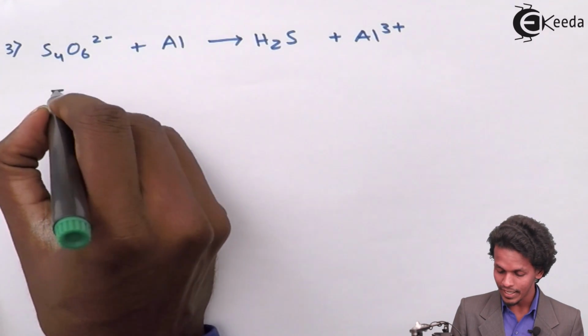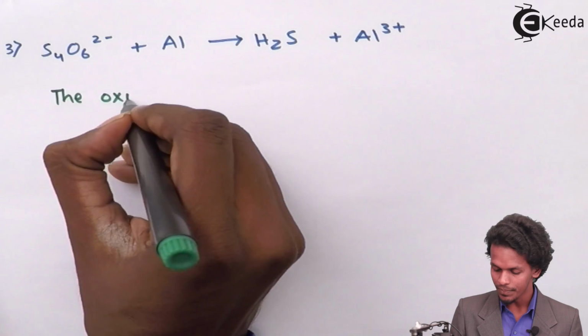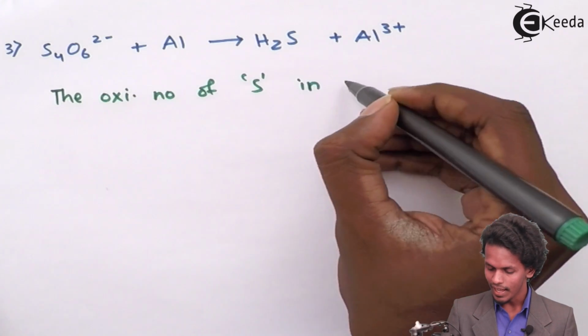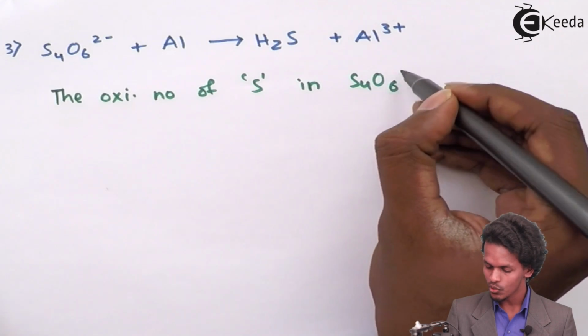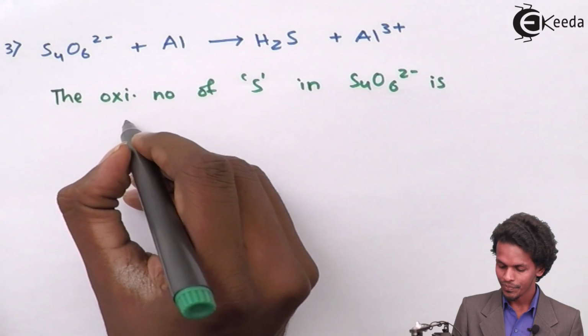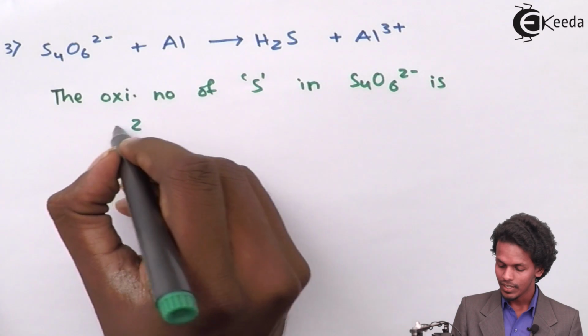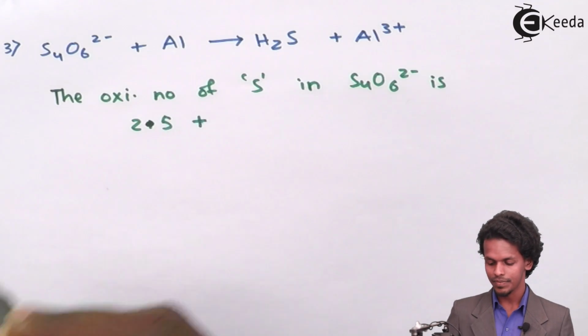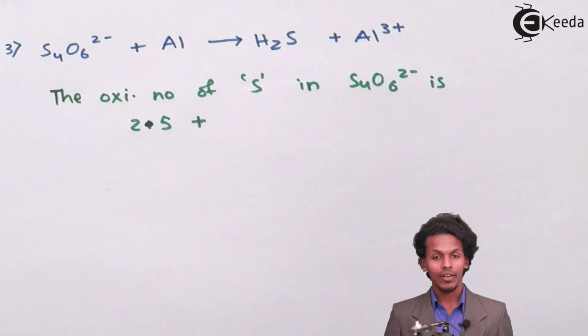So we will write it directly. The oxidation number of sulfur in S4O6 2 minus, we have calculated as 2.5 plus.